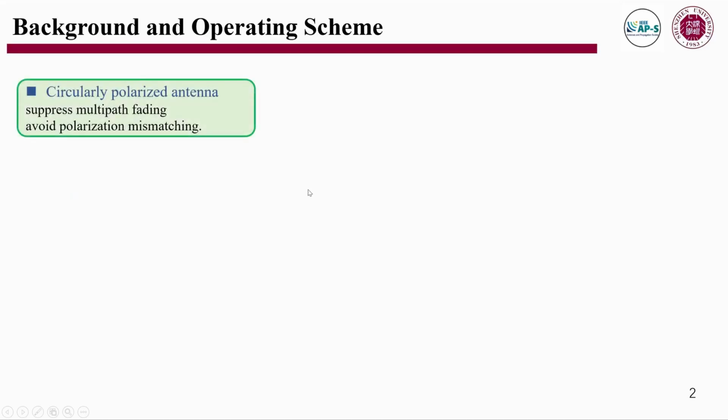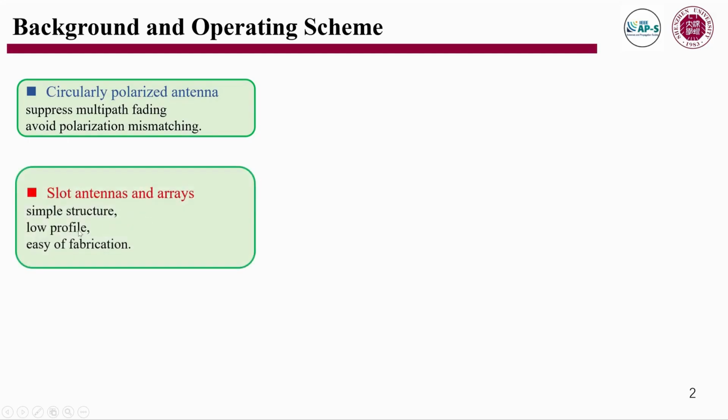Circularly polarized antennas are suitable for wireless communications for their capabilities to suppress multipath fading and avoid polarization mismatching. Compared to bulky horn antennas or high-profile lenses, slot antennas and arrays yield advantages such as simple structure, low profile, and ease of fabrication.